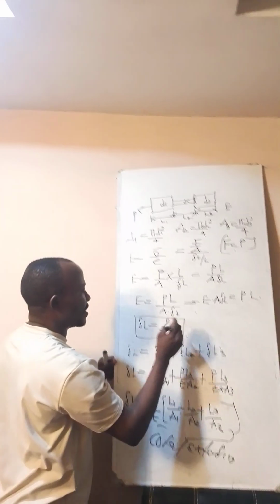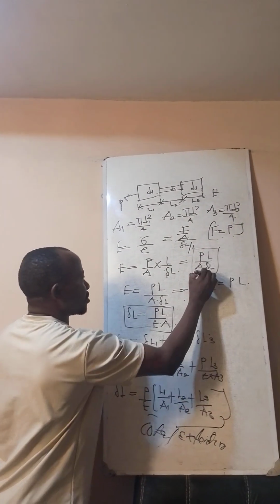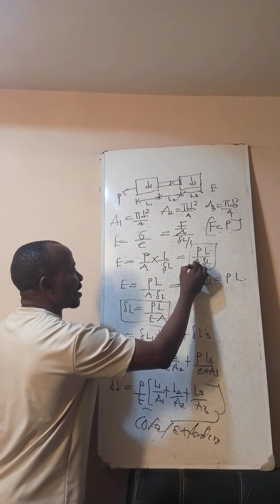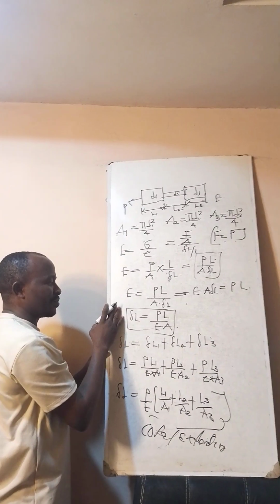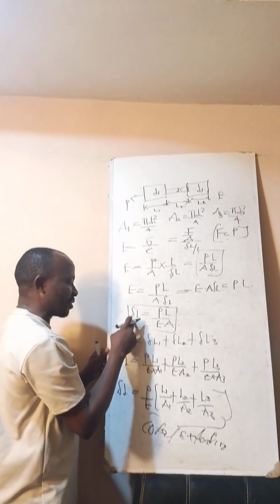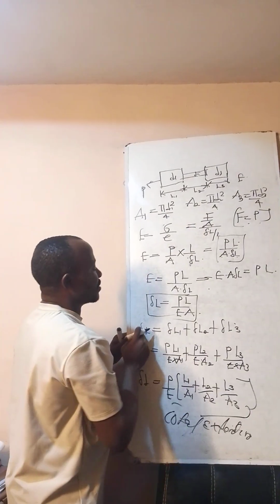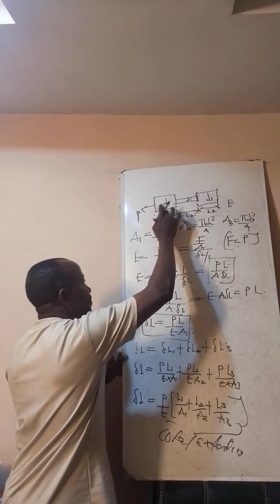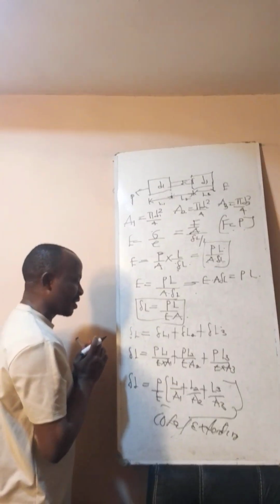So we have to derive this relationship: PL, force times length, over area times change in length. Then from the Young modulus relationship, we can derive our total extension formula. Note, to get the total extension is the change in length of this plus change in length of this plus change in length of this. That will give us the total extension formula.